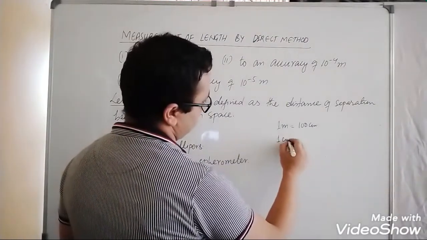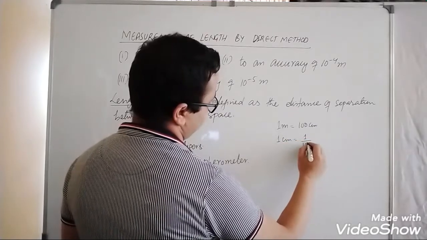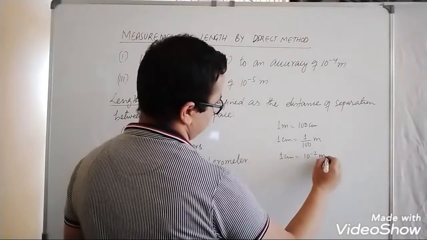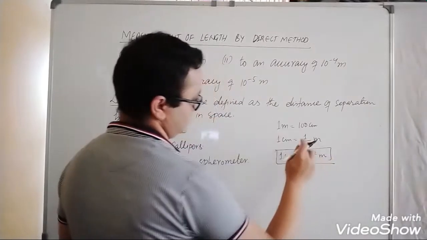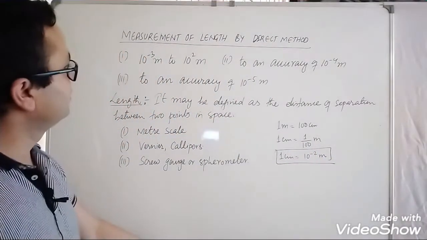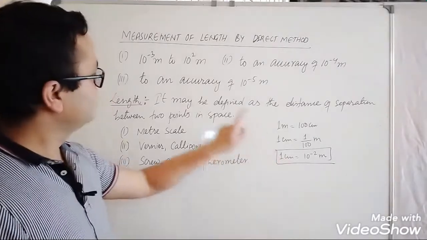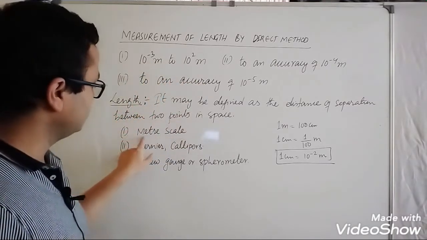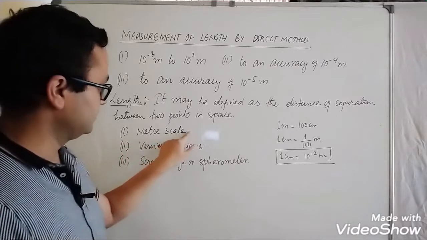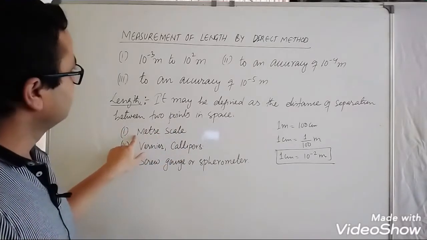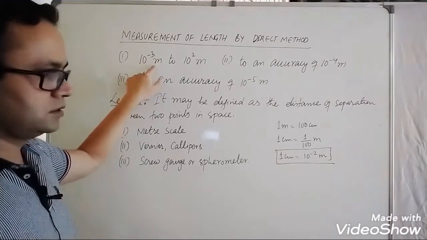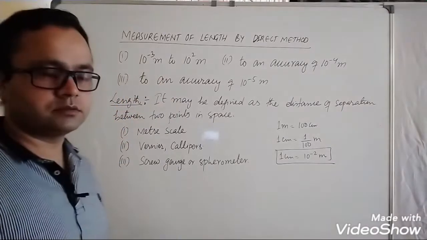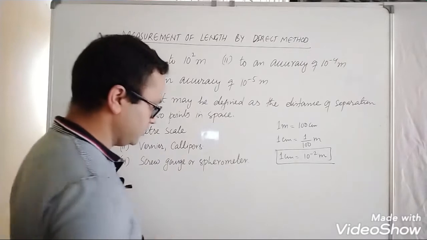So 1 centimeter equals 1 by 100 meter, so 1 centimeter is 10 to the power -2 meter, because 100 is 10 squared. So 10 to the power -3 meter to 10 to the power 2 meter can be measured with the help of a meter scale. 10 to the power -3 meter is 1 millimeter.